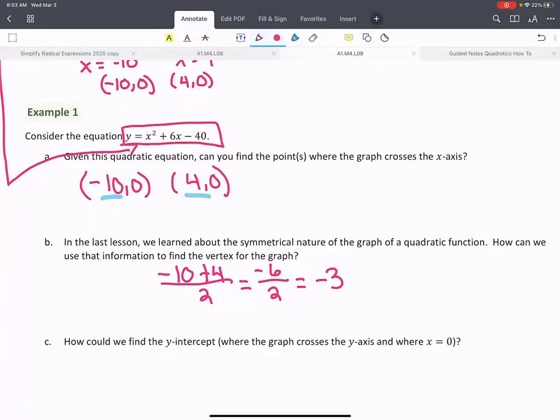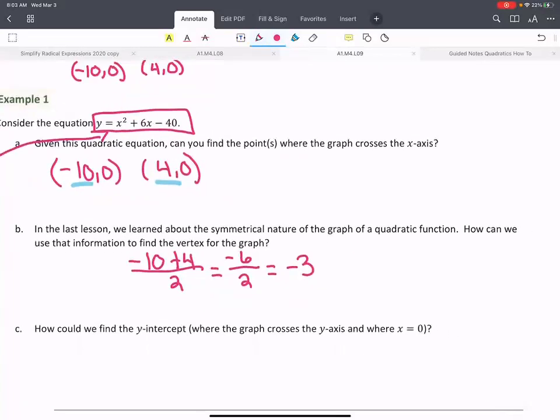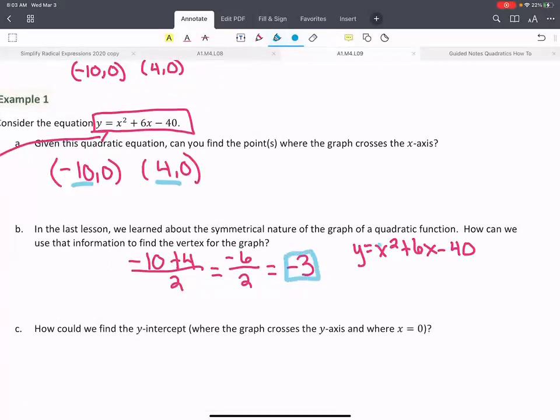If I'm telling you the x value of the vertex, we can substitute that in and solve for the y value. Y equals x squared plus 6x minus 40. I can substitute this in anywhere I see an x, and I can solve for y.